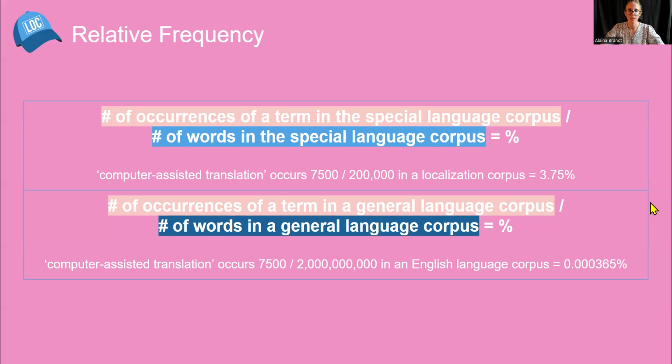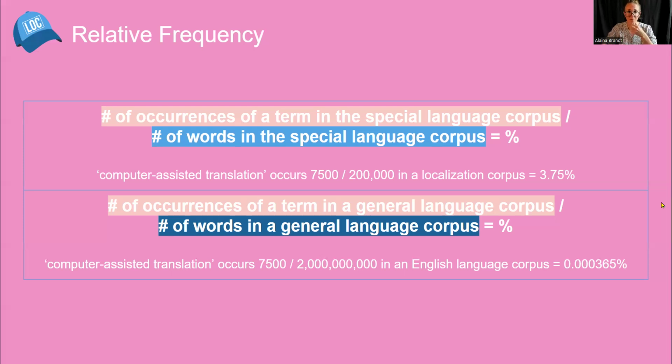This idea of calculating relative frequency, it has to be noted, is also an area where the ethics of the linguistic assets available in different languages comes into play, since lingua franca like English are more likely to have a greater variety of general language corpora available for relative frequency calculations than what are sometimes referred to as long tail languages, which will necessarily have less linguistic resources upon which to draw in order to do calculations of frequency of appearance in a general language corpus.